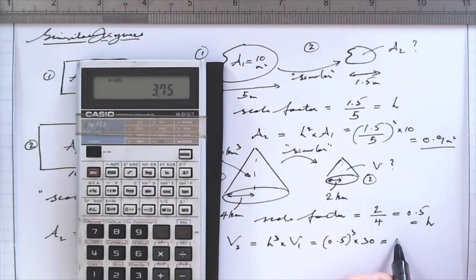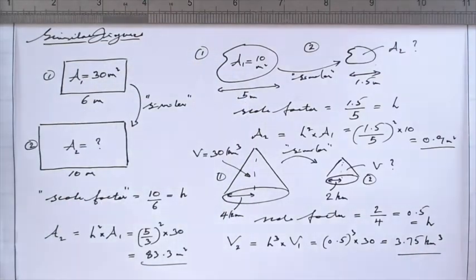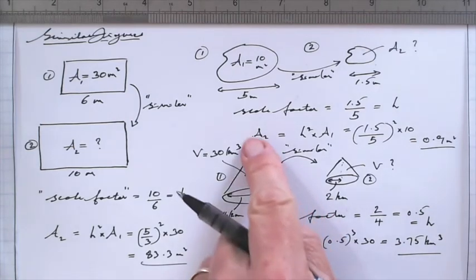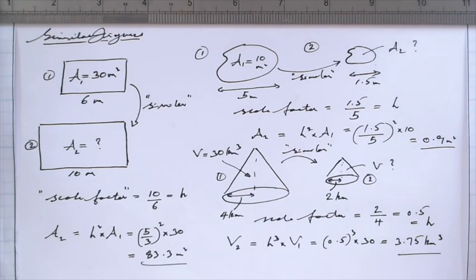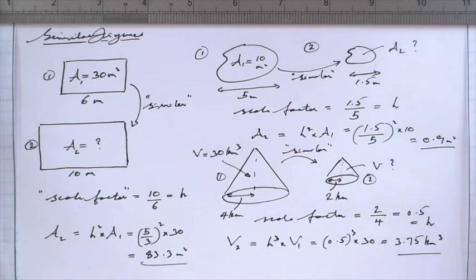So this is 3.75, and the dimensions are kilometers cubed. I'll let you figure out a reasonable application for that. This could be like a model of cloud formation or something like that. So it's not completely nuts, in fact, but yes, that could be an application.